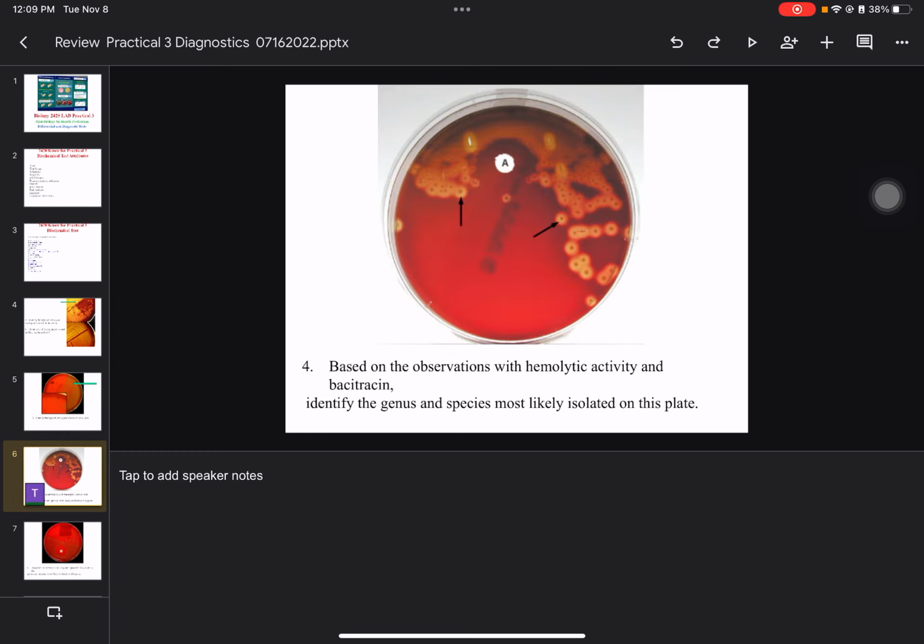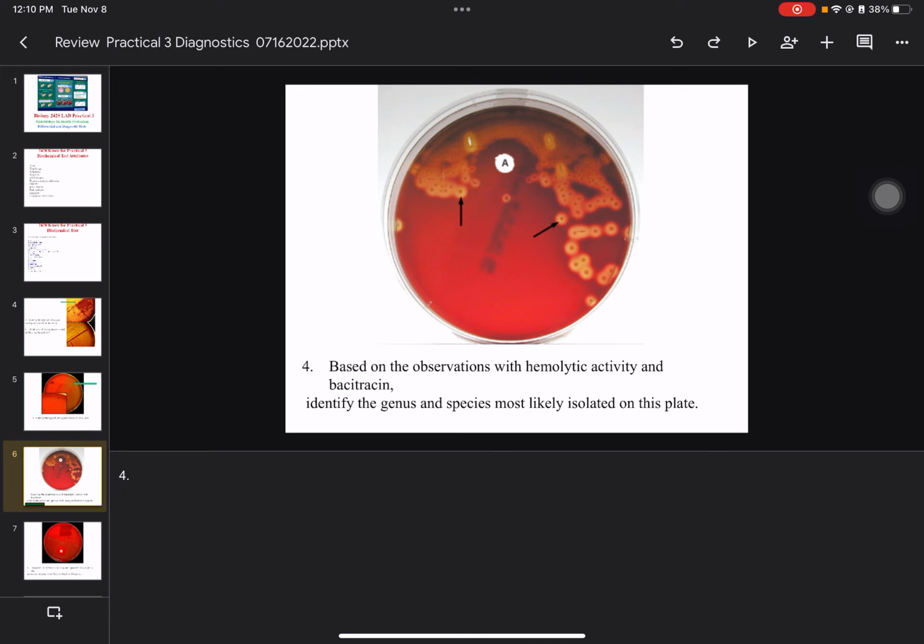Okay, here we go. Based on the observations with hemolytic activity and bacitracin, identify the genus and species most likely isolated on this particular plate. So it says Staph? No, not Staphylococcus. Oh wait, Strepto. It's group A, what is group A?